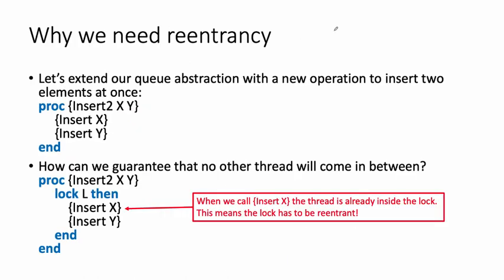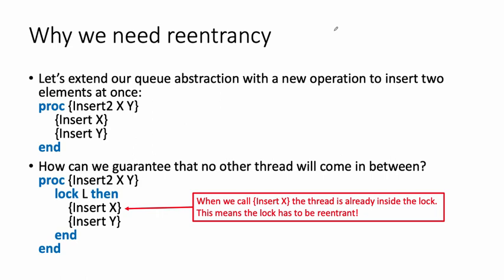Let me first explain why we need reentrancy, and then I'll explain what happens if you do delete on an empty queue. So I actually already explained why the critical section can consist of two parts, but I did not explain yet why, when you enter a lock and you're inside, sometimes you have to enter the same lock again.